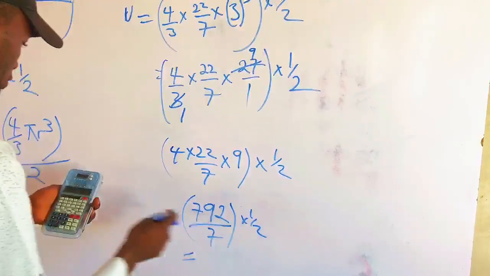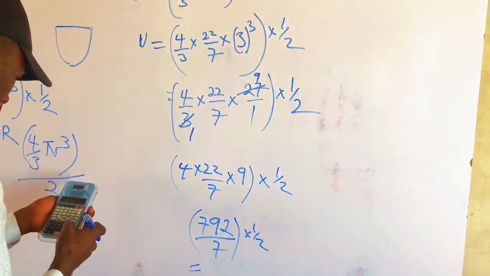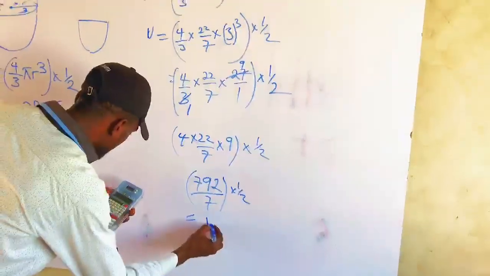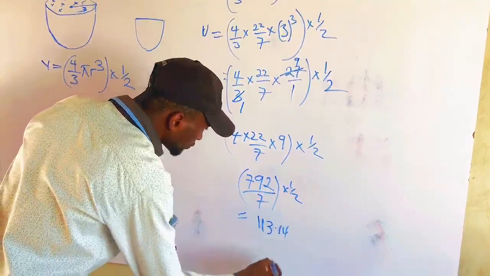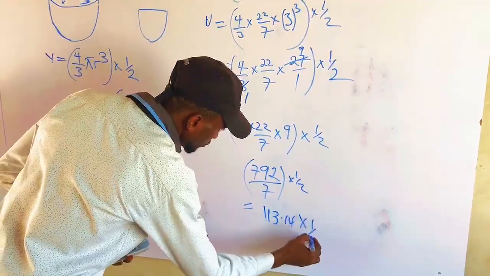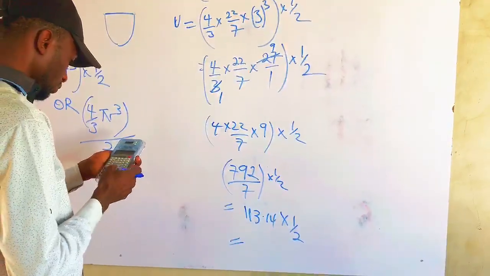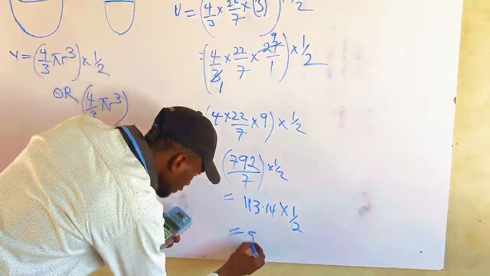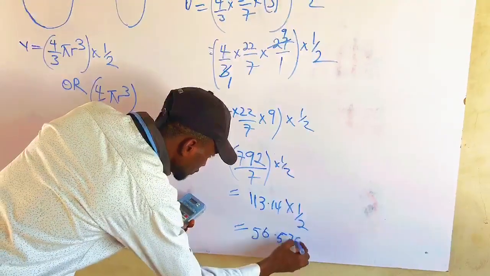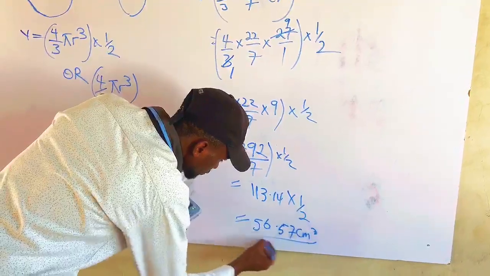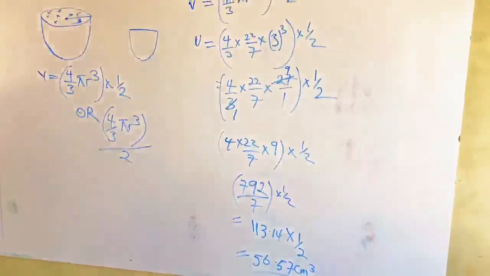So 792 divided by 7 gives 113.14, then times 1/2 equals 56.57 centimeter cube. So this is the volume of my hemisphere.